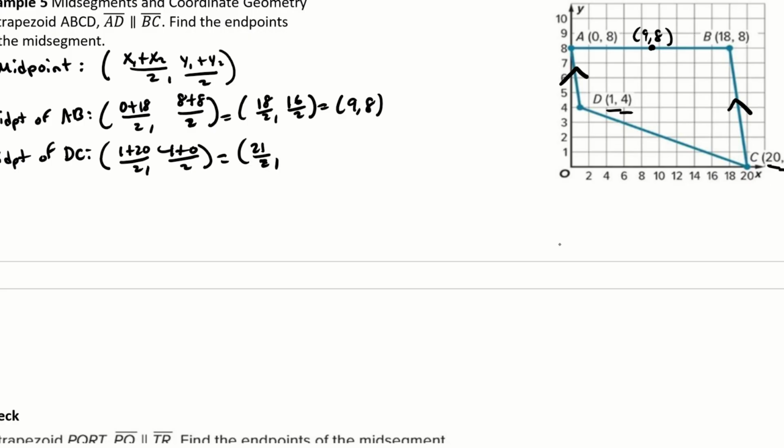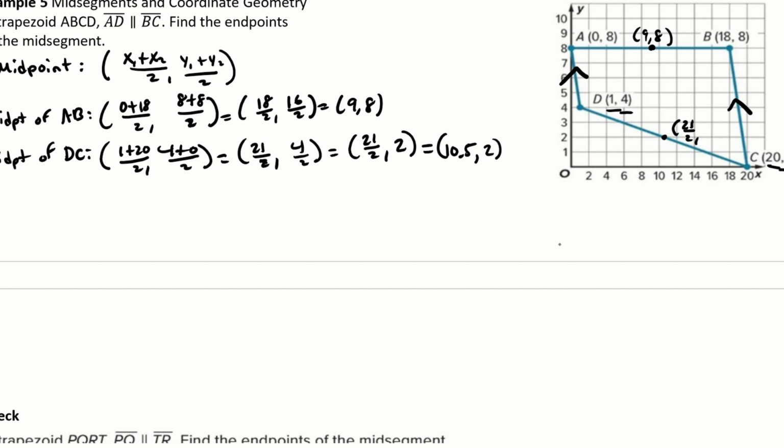So there you go, 21 over 2, comma 2. Now 21 over 2, that's 10 and a half, right? So I'll just put that here so that we can graph it. So 10.5, and then a y coordinate of 2. All right, so there you go. So that's 21 over 2, comma 2.